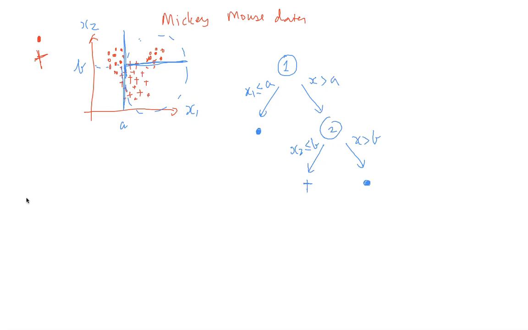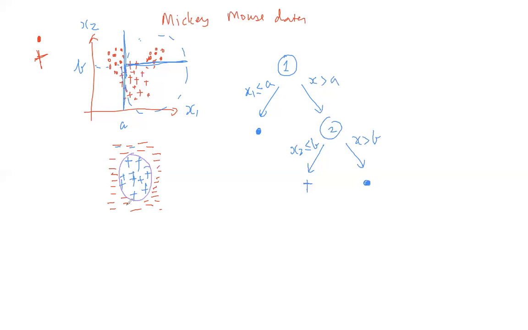In fact, it also works for some very weird kind of data, like if a bunch of plus here is surrounded by a whole bunch of other values like this. Okay, if you want to use any linear line in one shot, it doesn't work. Of course, you can have a decision rule that is circular like this.